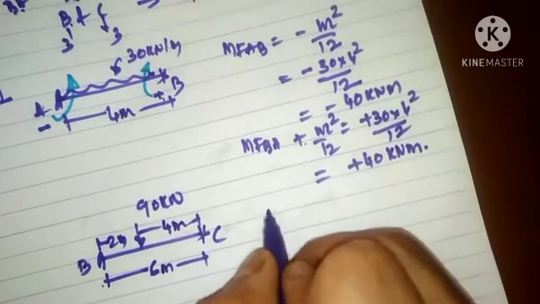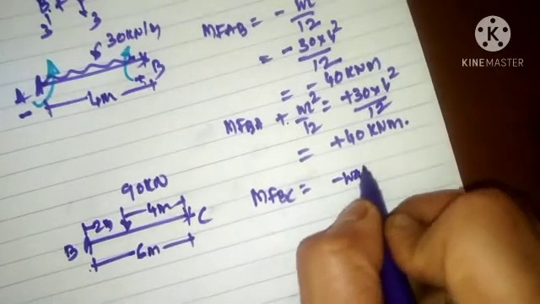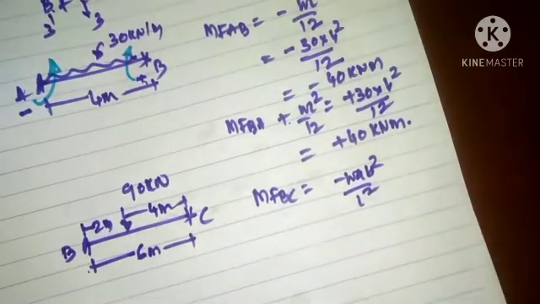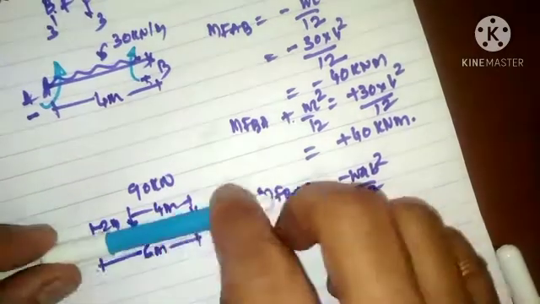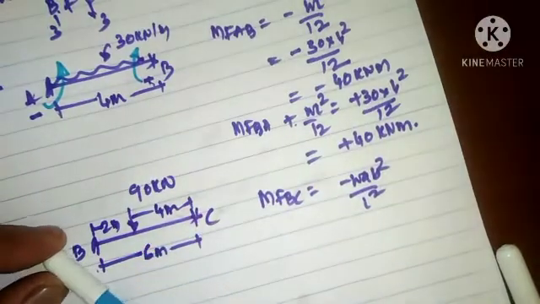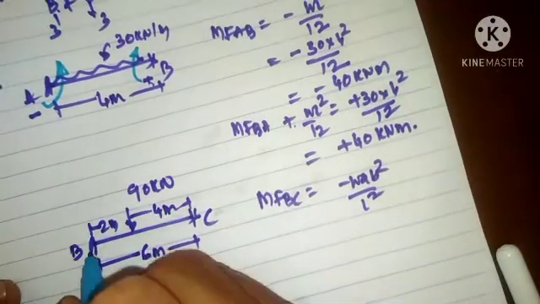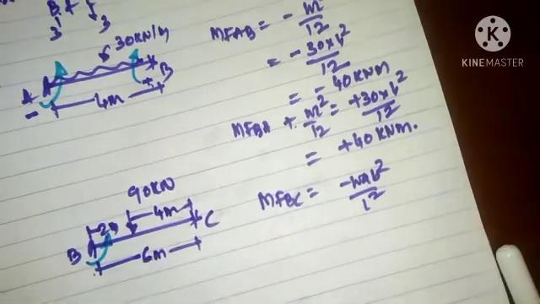So MFBC will be minus of W a b square divided by L square. Reason for calling it minus is, if you consider B and C, the point load will try to rotate the beam in clockwise direction, but resistance offered by the beam will be in the anti-clockwise direction.